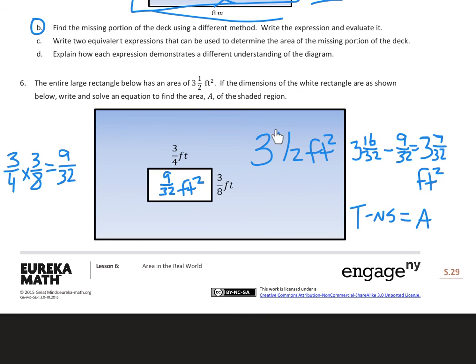So I just transferred 3.5 into 32nds as well. And so that's times 16. 2 times 16 is 32, and 1 times 16 is 16. So then when we subtract, we end up with 3 and 7/32 feet squared. And so my formula was the total minus the non-shaded will give me just the shaded, which they said to use the letter A for.